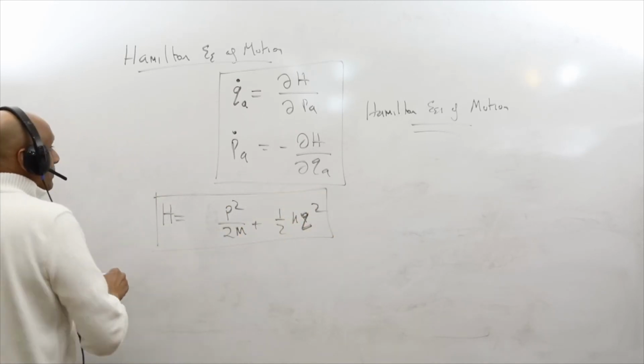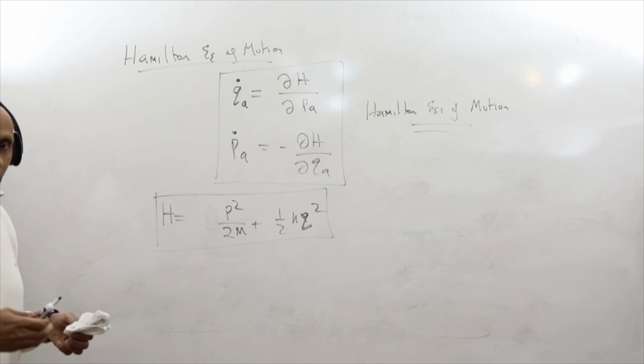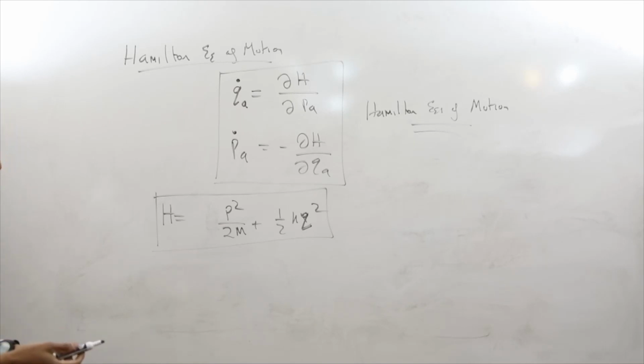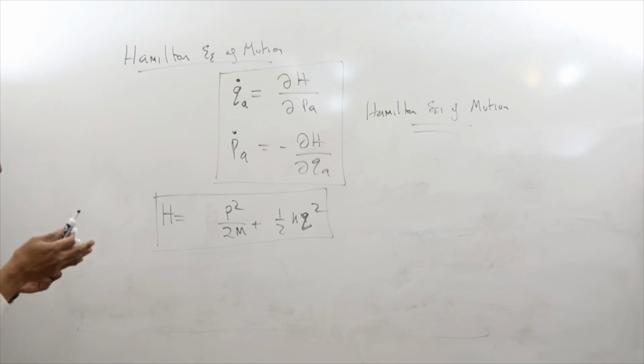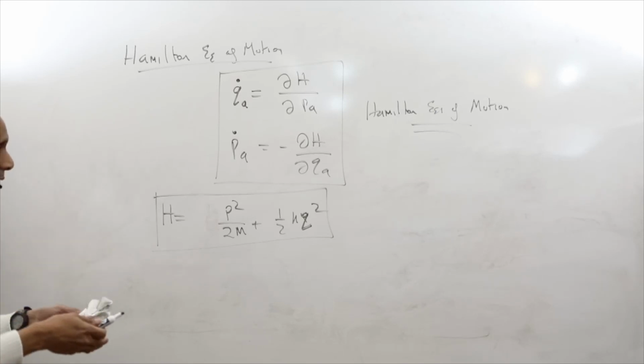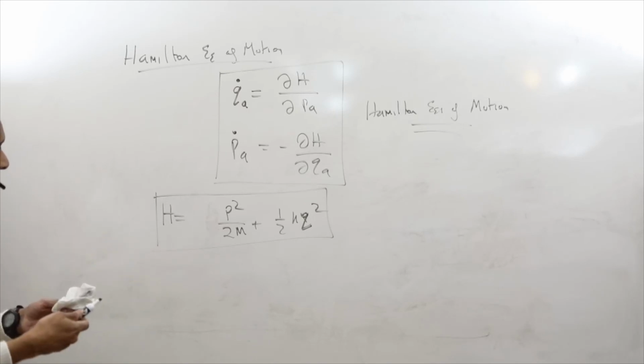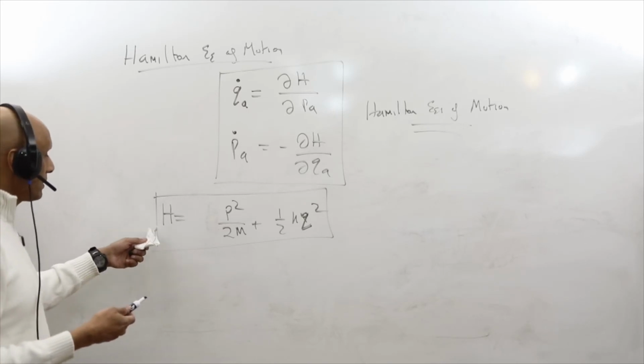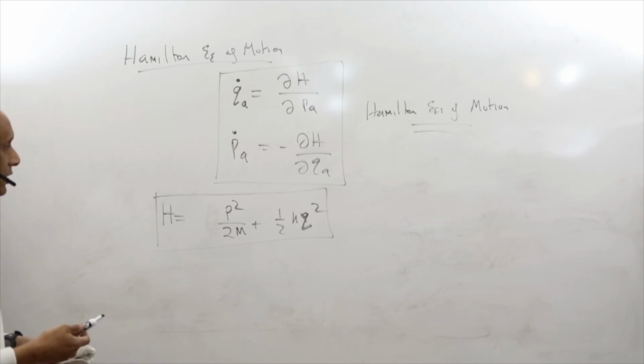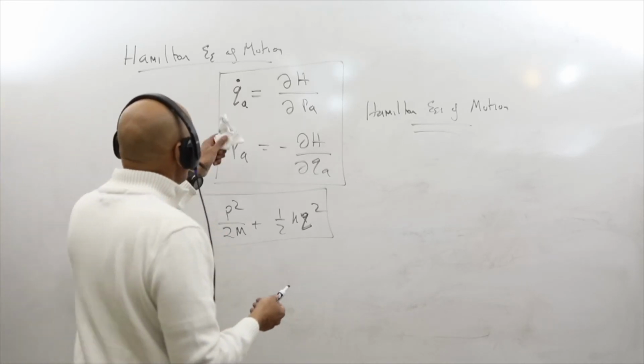So here's our Hamiltonian. It took us a while to derive this because we had to find the conjugate momenta, and once we did this, we had to construct the small h function, and from the small h function, we then construct the capital H Hamiltonian function. And once we have that, then we have the equations of motion.